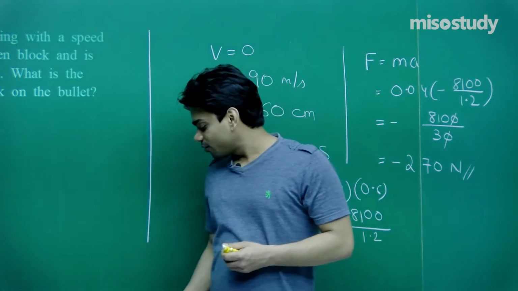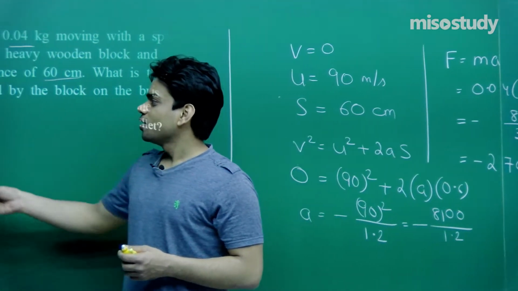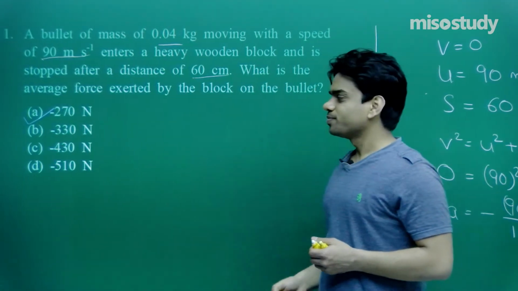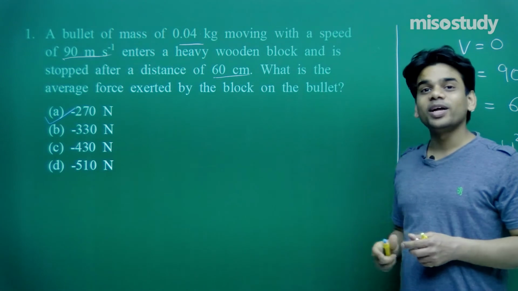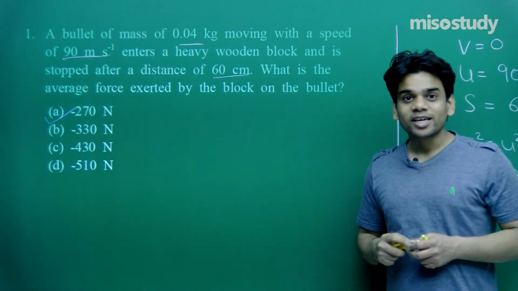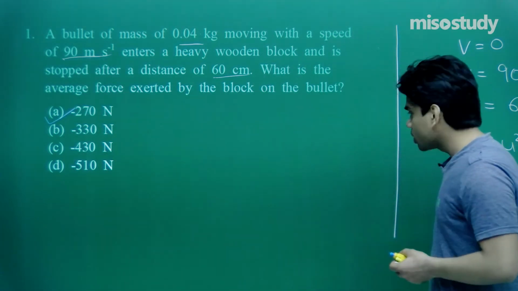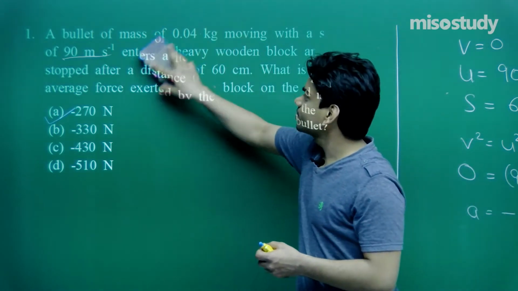The right answer turns out to be minus 270 Newton. That means a force that is trying to retard the bullet will be exerted on the bullet due to the wooden block. So we got option A as the right answer.